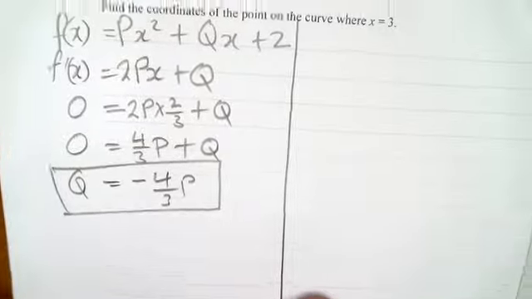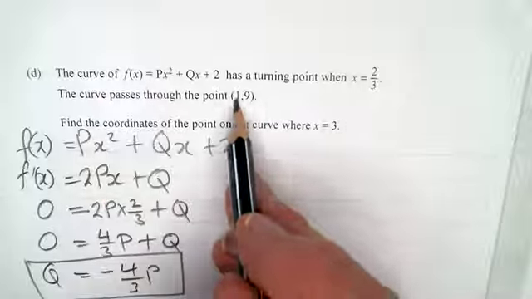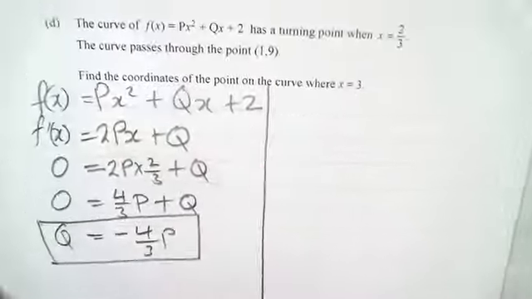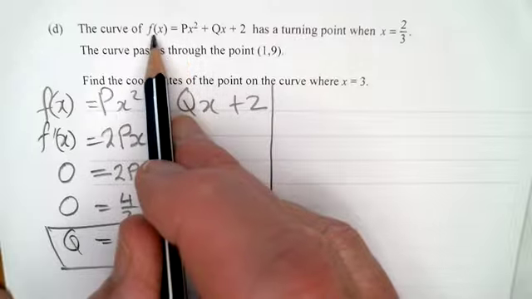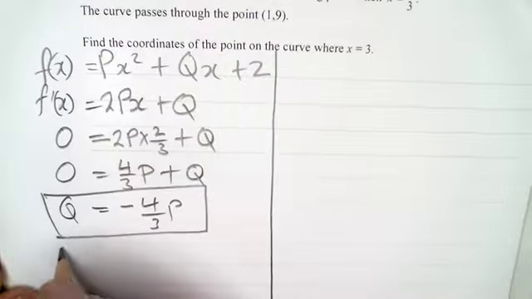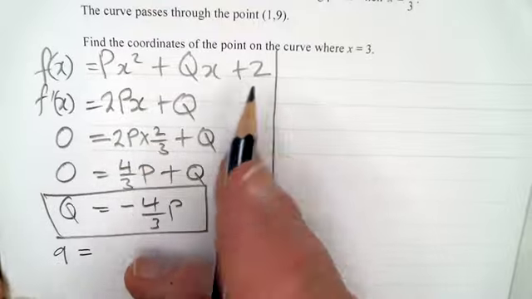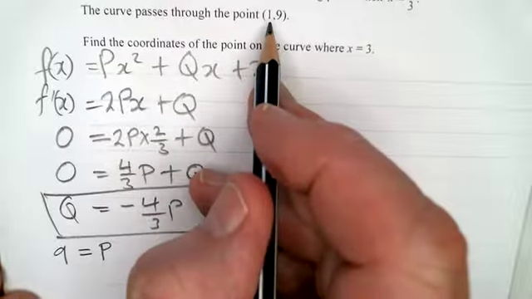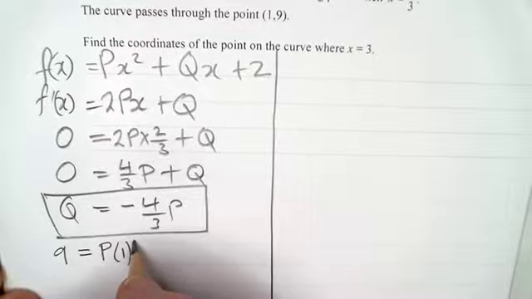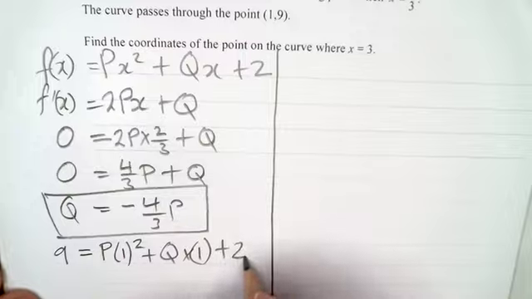Now, we do know some other things as well. We've got this point here. We know that when y, or f of x, is 9, x is 1. So let's substitute that and see if that takes us any closer. 9 is equal to p times 1 squared plus q times 1 plus 2.